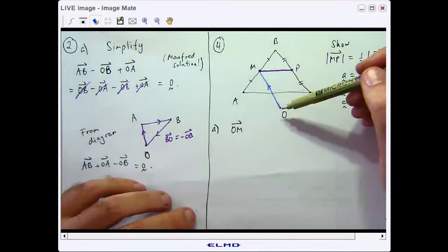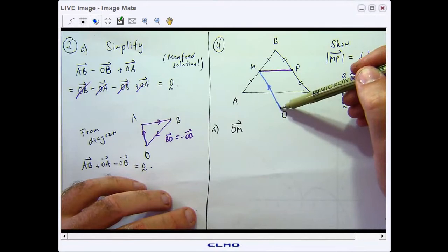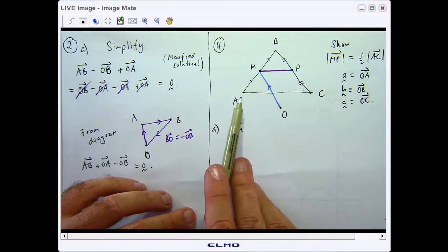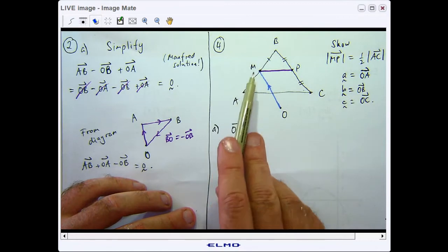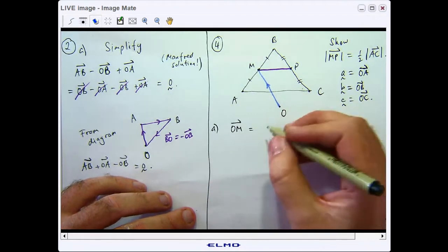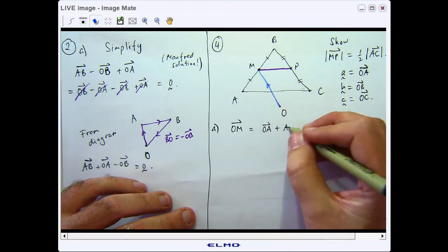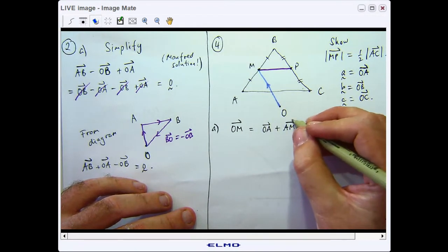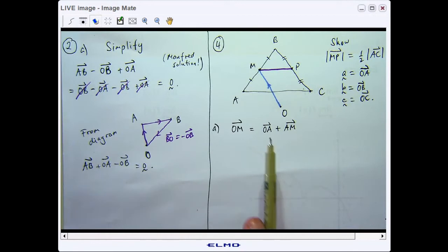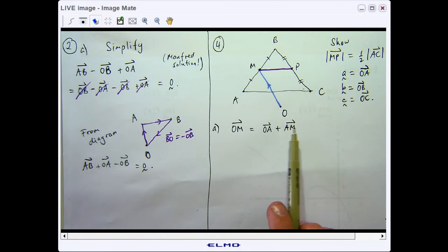All right, so what I can do is say, to get from the origin to M, first I can go from the origin to A, and then from A to M. We know by the triangle law of addition, this is true. And I know what that is because it's up there. Now AM.